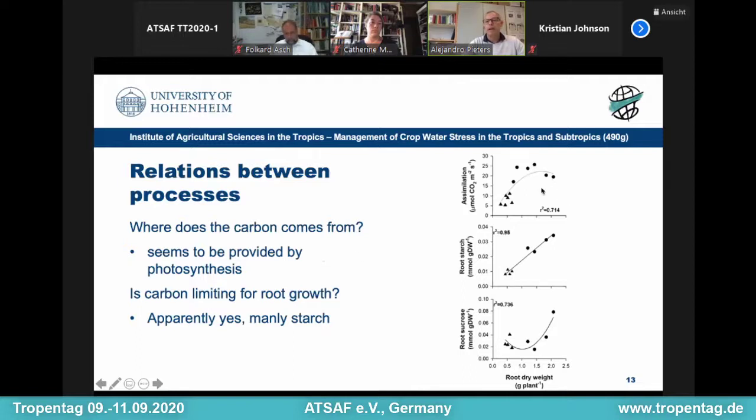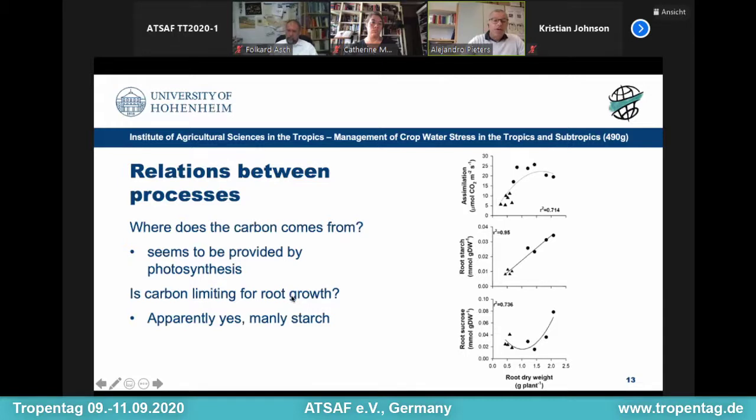If we see here in the upper panel, this is the assimilation rate plotted against root dry weight, and there is a very close relation between assimilation and root dry weight, and the strongest linear relationship was found on the conditions of phosphate deficiency.